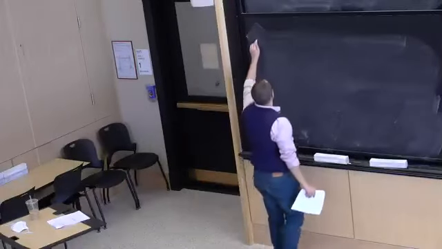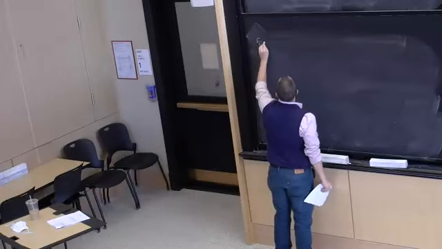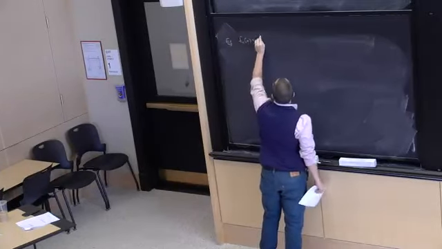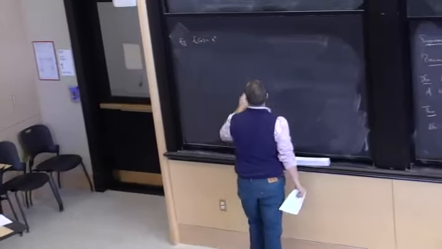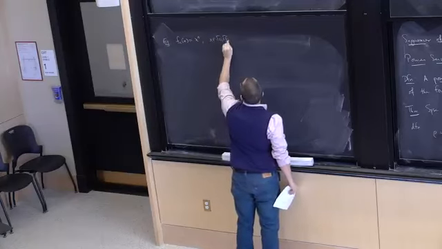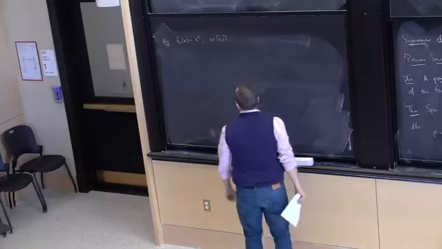So let's look at another example, which is not a power series. Let's say we take fn of x to be x to the n, where x is in the closed interval [0, 1]. Okay?